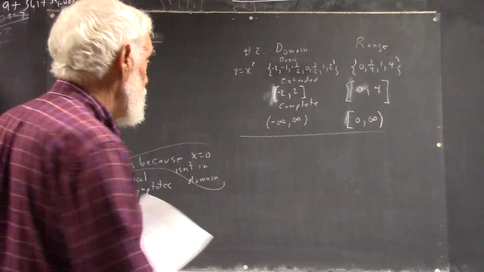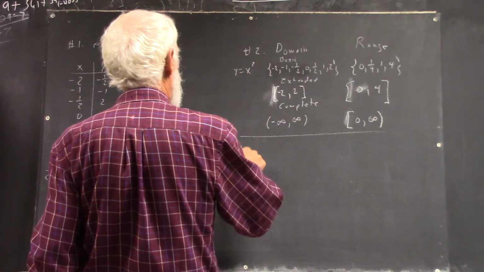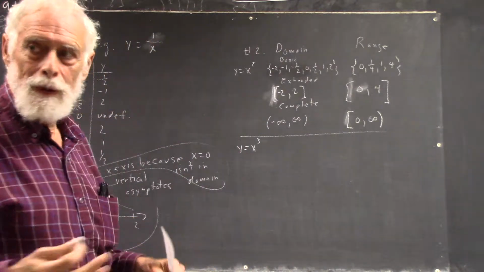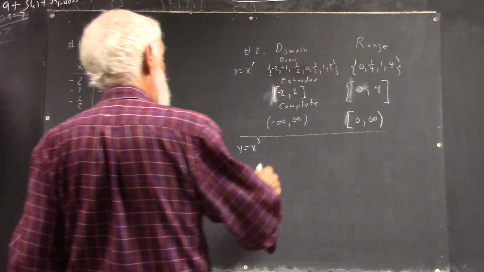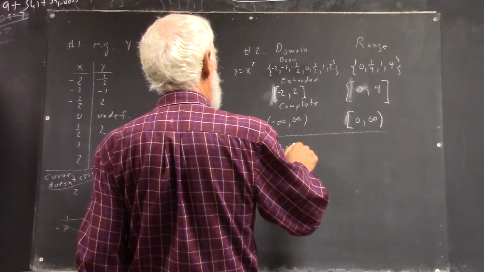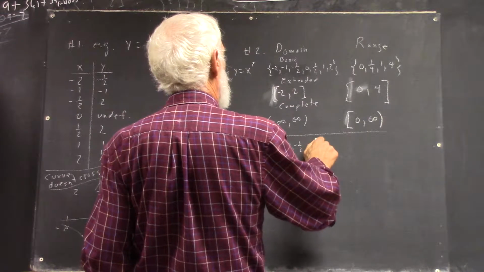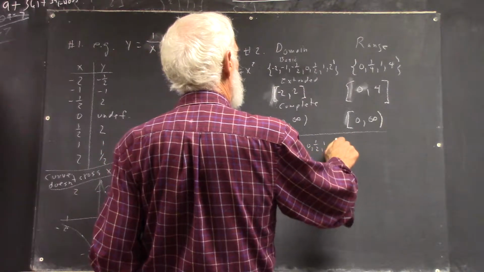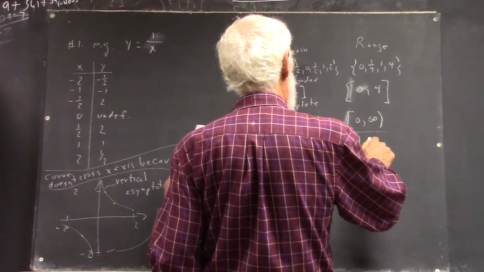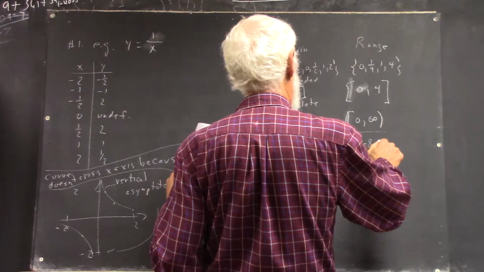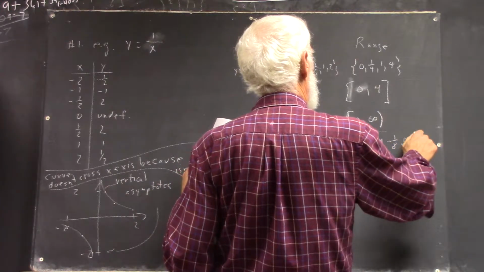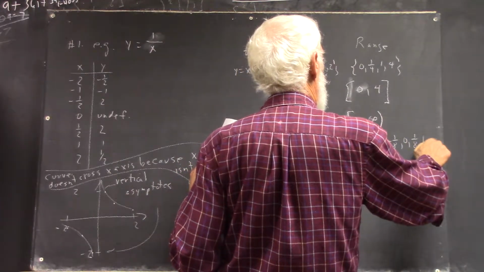Okay? Now for y equals x cubed, I'm going to just kind of list these. I'm going to say a few things, but again, -2, -1, -1/2, 0, 1/2, 1, 2. The range is -8, -1, -1/8, 0, 1/8, 1, 8.